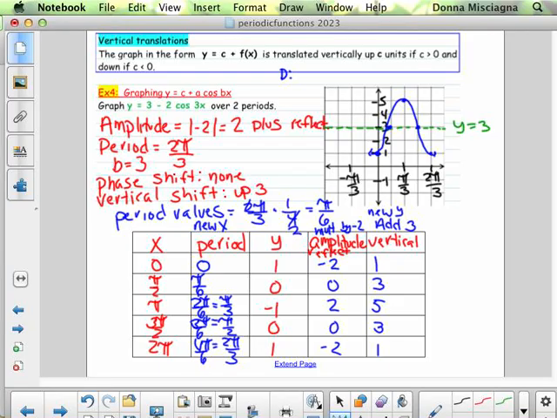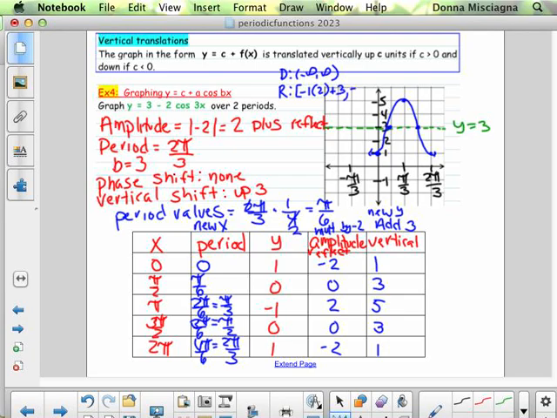The domain is -infinity to infinity. And the range would be -1 times the amplitude. So -1 times 2, and then plus the vertical shift. So plus 3. That will be the low value.